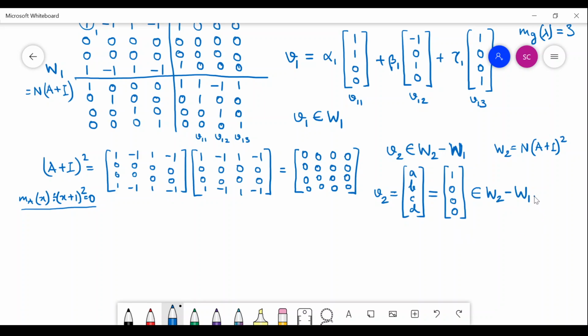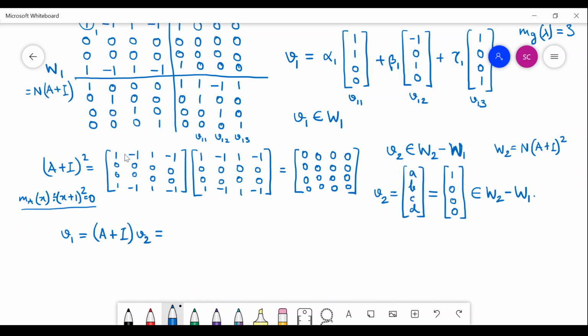Okay, so I have chosen my v2, the vk. Now the task is to find out v1, and v1 is simply (A - lambda I), which is (A + I), times v2.